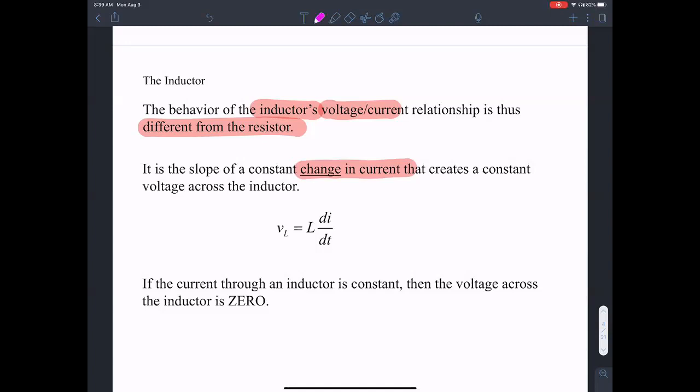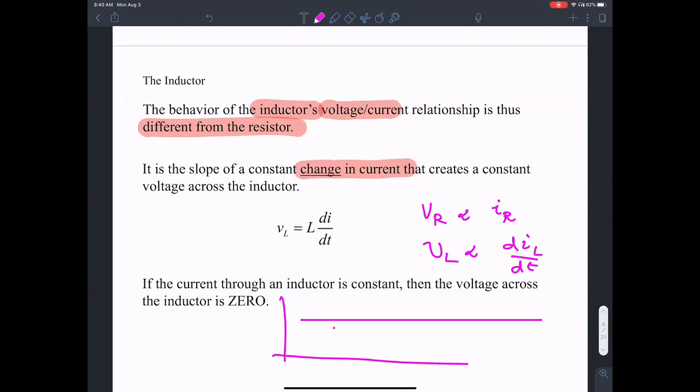Earlier I mentioned that V of a resistance was proportional to I. However, the V of an inductance is proportional not to I, but to the rate of change of current. So if the rate of change of current is 0, in other words, if a constant current is flowing, if I is constant, what do you think would be the voltage across the inductance, VL?